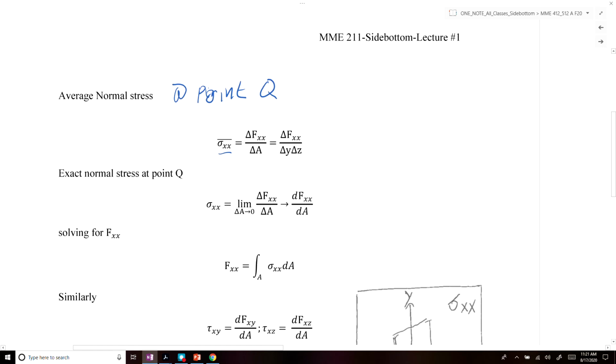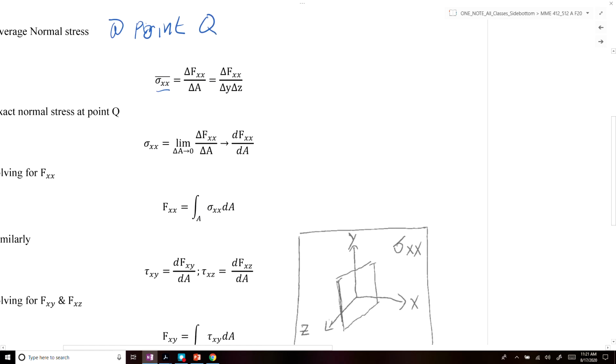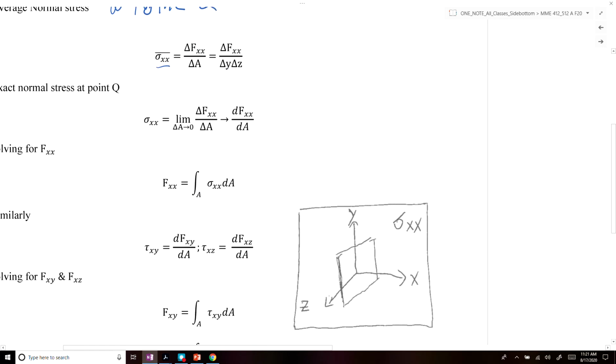We can define our differential area as delta y times delta z. This is our differential element at Q.